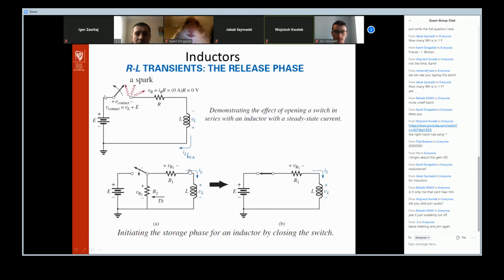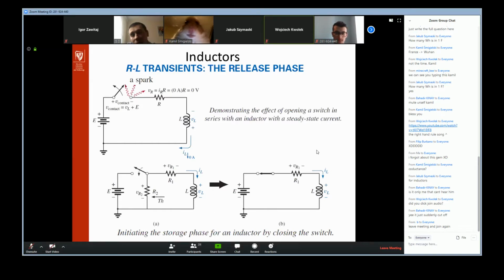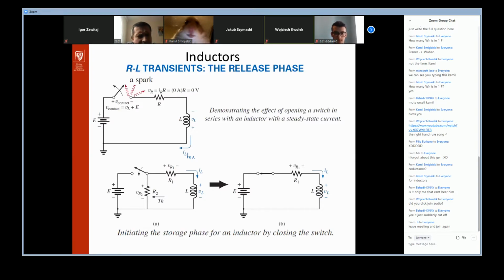If for some time we turn off the switch, suddenly we will observe that the maximum current stops flowing. So in the inductor, we can observe a dramatic drop in the value of the current. According to Faraday's law, we've got a very rapid change of the current.